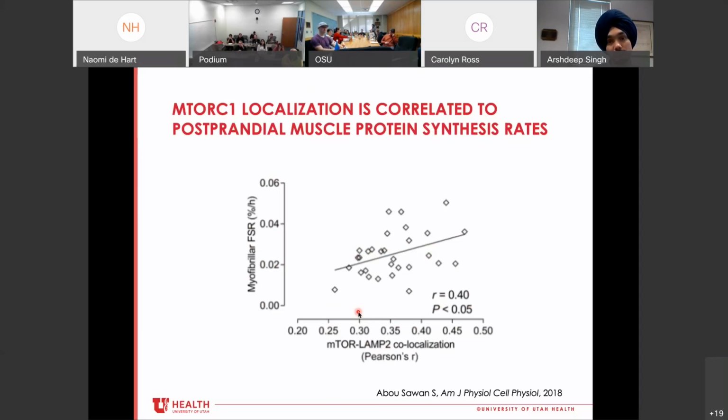In this graph, you can clearly see a positive correlation between protein synthesis on the y-axis and mTOR and LAMP2. And LAMP2 is a stain for the lysosome. So this is the co-localization of mTOR to the lysosome, so when it binds to the lysosome. So there's a positive correlation between those two things. Thus, identifying where mTOR is within the cell is a good readout of muscle anabolic processes following protein-dense food ingestion.